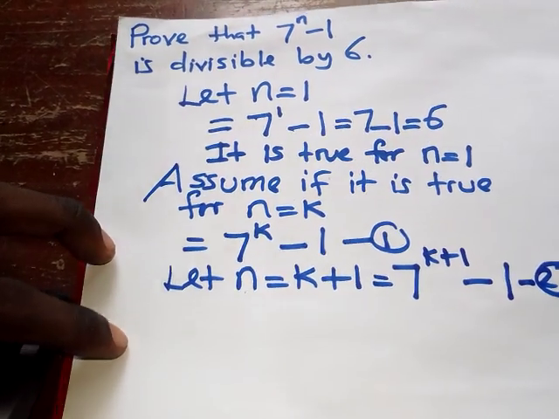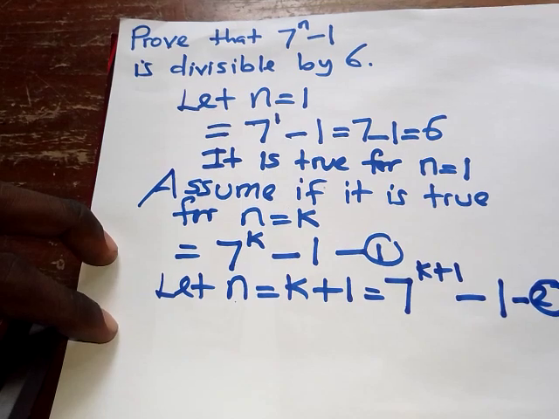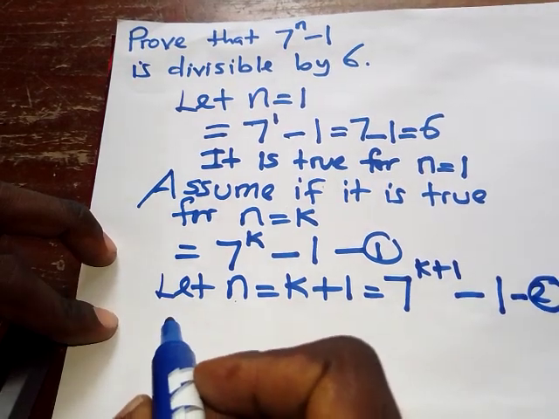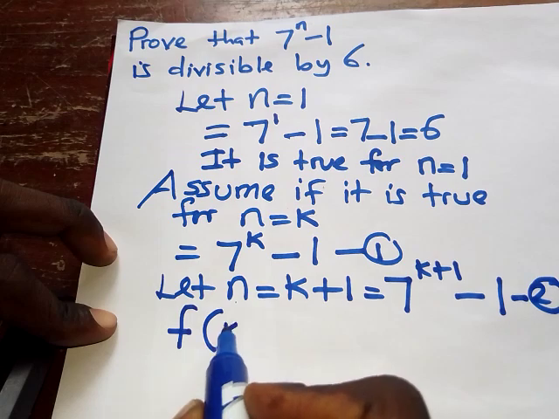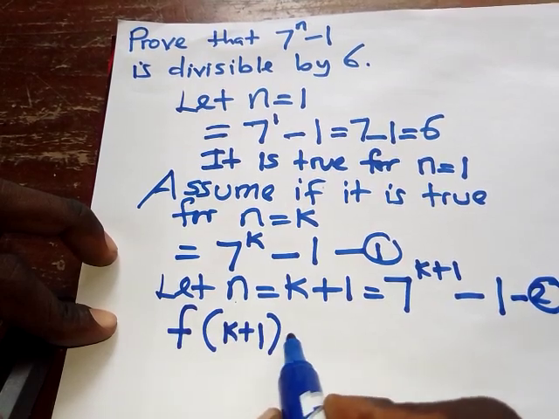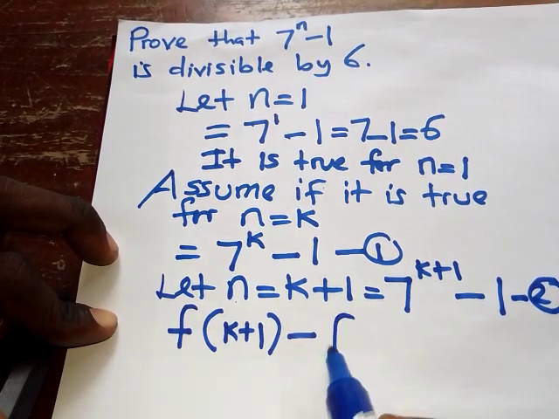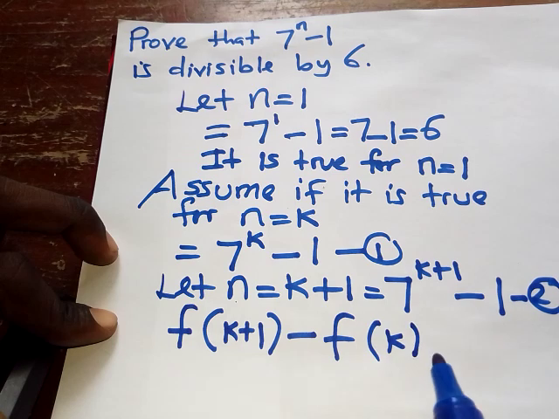Alright, now, how do we conclude this? We conclude this by saying the last step should be the function of k plus 1 minus the function of k, like that. Which one is our function of k plus 1?